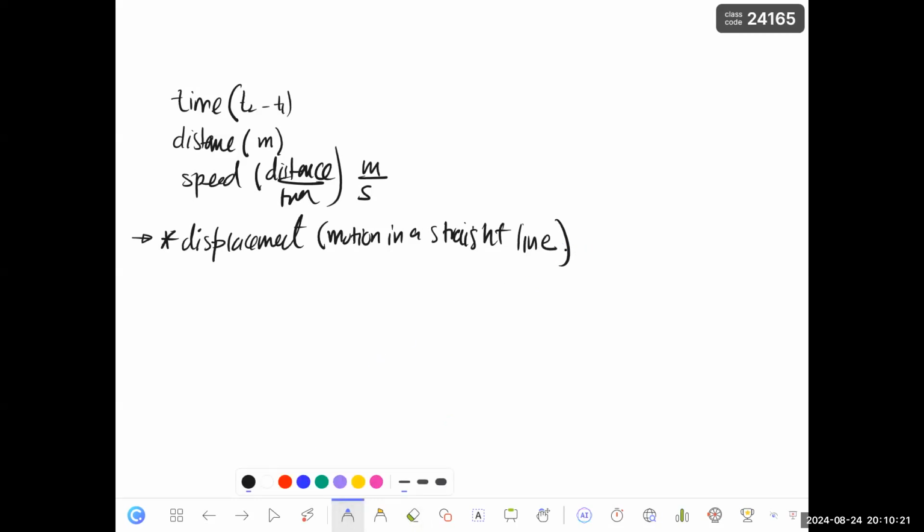Now, we also learned that when an event starts, we can call it x1, and x2 is the final position. x1 is the initial position. The unit of displacement should be meter. Distance is also in meter, displacement is also in meter.